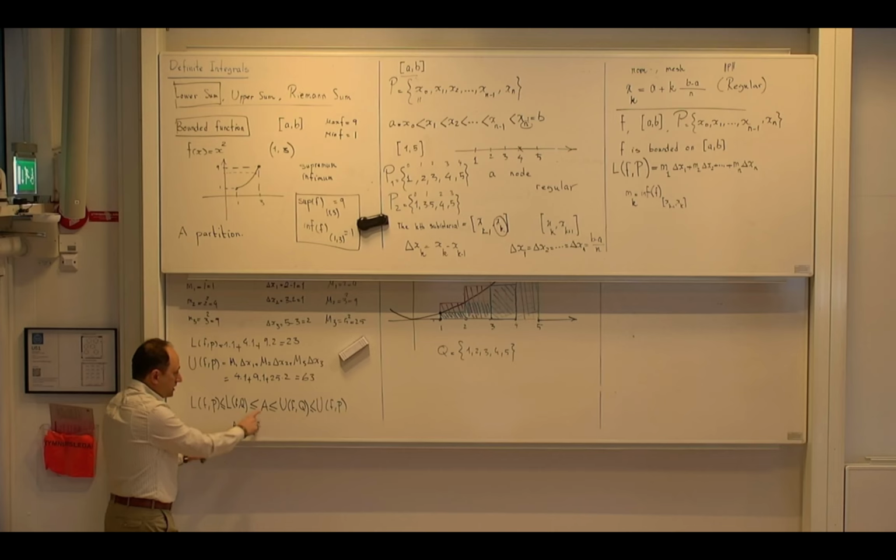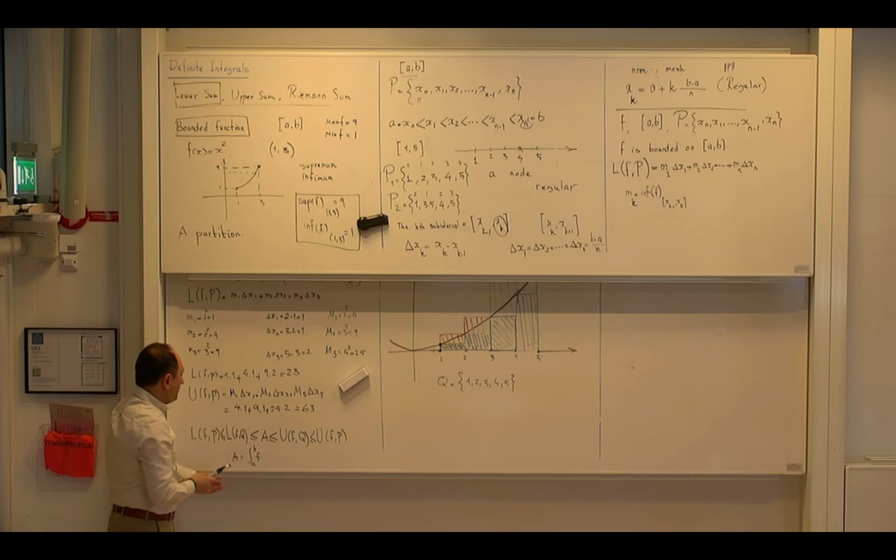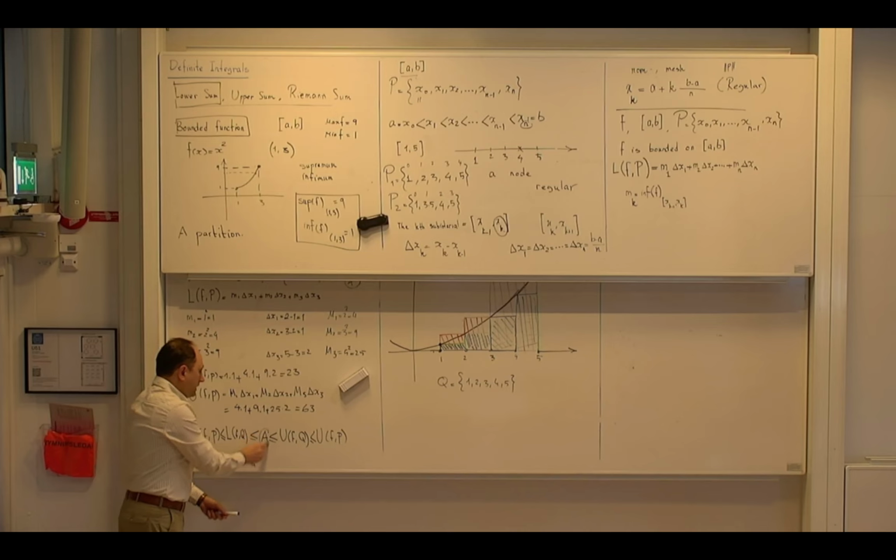This number is denoted by the integral. This integral symbol, by the way, is an S, because it has something to do with sums. So this is the integral of my function from a to b. Is that clear? Yes or no? Okay, so now if I want to tell you what area is, I would say area is that number which is uniquely determined and it is smaller than all upper sums and greater than all lower sums. So that is the motivation of defining the integral.